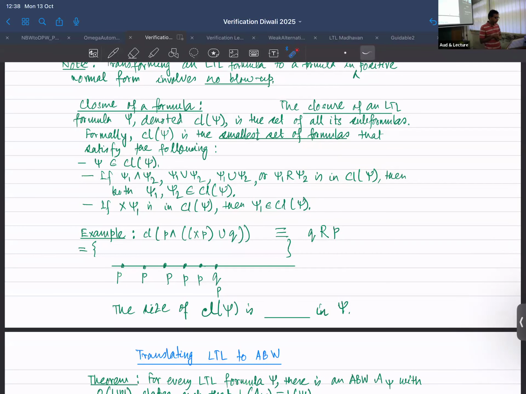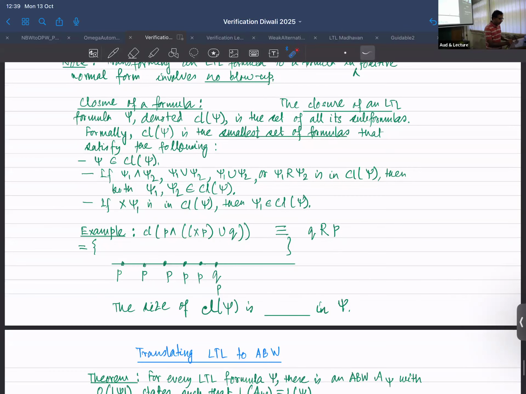Clear? So let's look at this particular formula, P and next P until Q. If you look at this formula, how does it look?